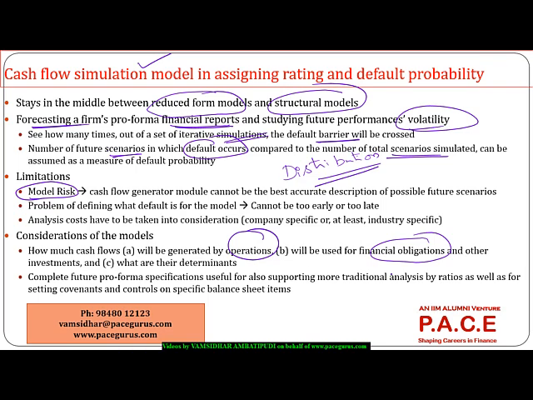So I need to have some kind of pro forma specifications for all the future cash flows, and based on that I should be able to simulate the model and then assign the probability matrix to those particular elements. So this is where there is a possibility of a lot of limitations coming up with the usage of this particular model.